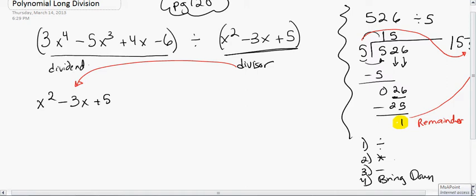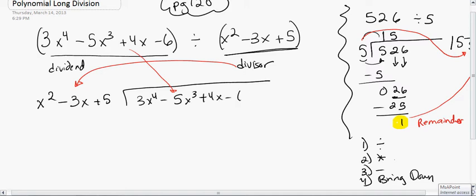Sounds like something with banking. That's going to go inside the box: 3x to the 4th minus 5x cubed plus 4x minus 6. And then I'm set up and ready to go.